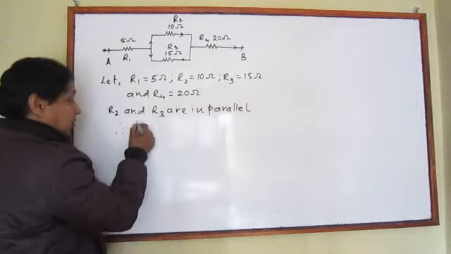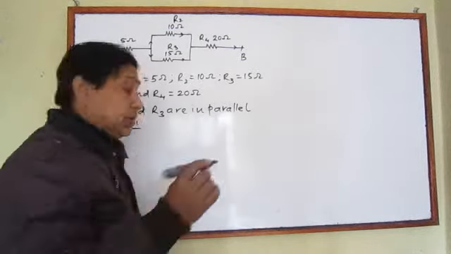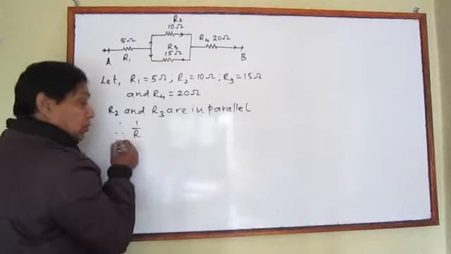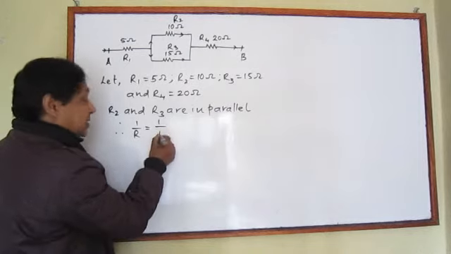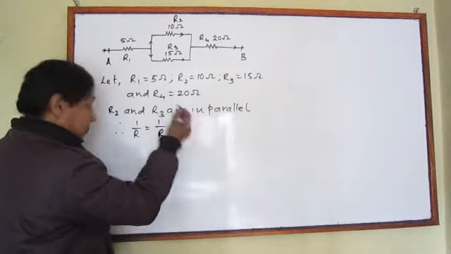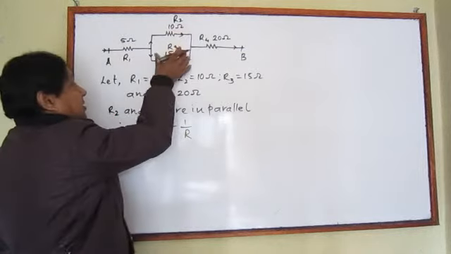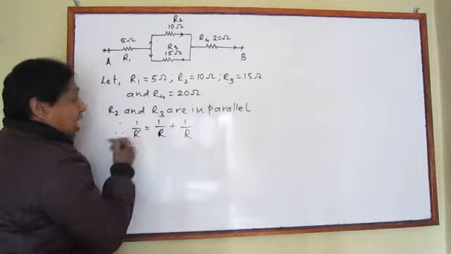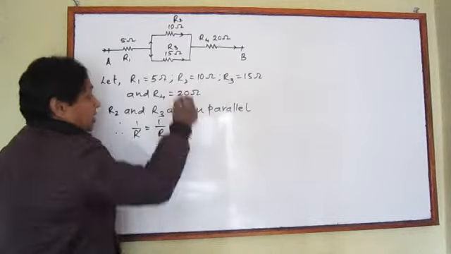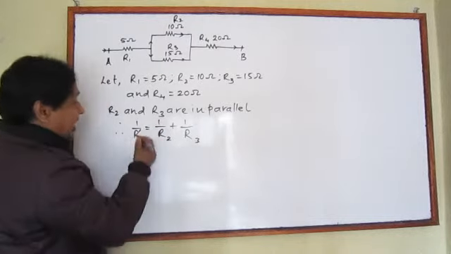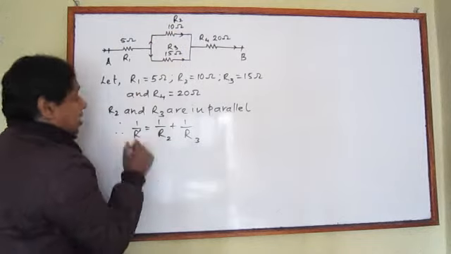Therefore, according to previous knowledge of parallel combination of resistors, the reciprocal of total resistance is equal to the sum of the reciprocals of each resistance. I told you in the previous class also. Now, let's say the total resistance of these two is R', and the first one is R2, the second one is R3. Now I can calculate the total resistance of R2 and R3.